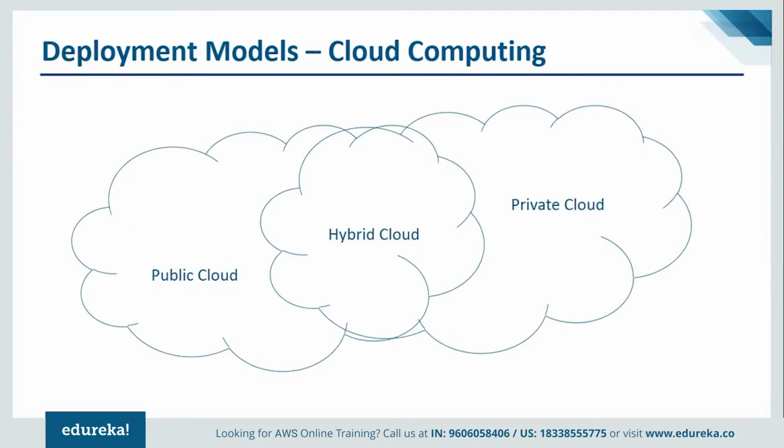You can do that on public cloud as well, but because of companies' policies, you can host it on your own servers. So this kind of architecture comes out to be a hybrid cloud architecture, wherein you're making use of public cloud and private cloud both. So these were the deployment models, guys.